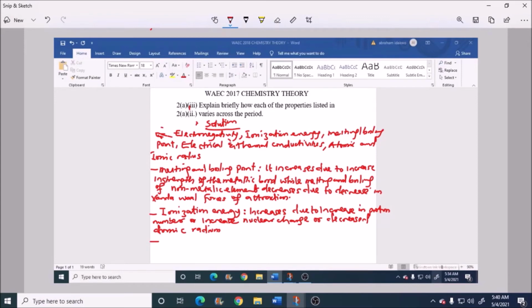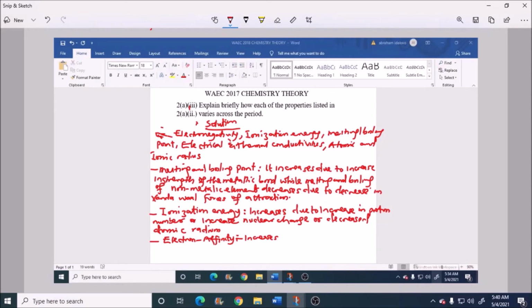So let us choose electron affinity as one of the properties which shows periodicity across the period.